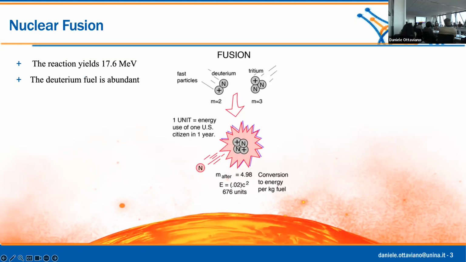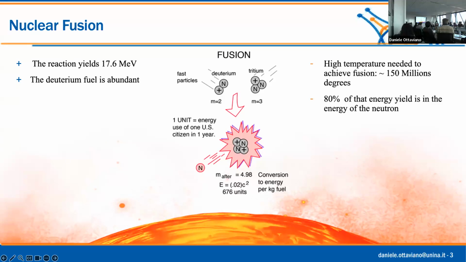We don't have that pressure here, so we need a lot of temperature. We need hundreds of millions of degrees to make fusion happen here on Earth, and that's very challenging. And there is another problem: 80% of the energy generated is in the energy of the neutron that is generated during the fusion.